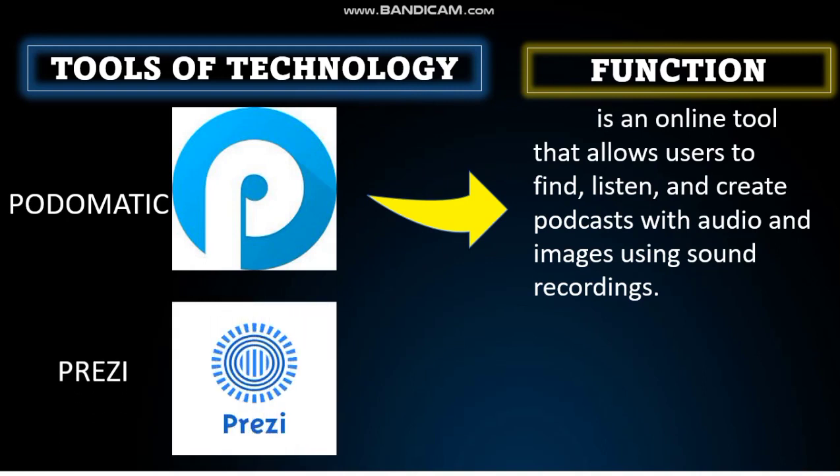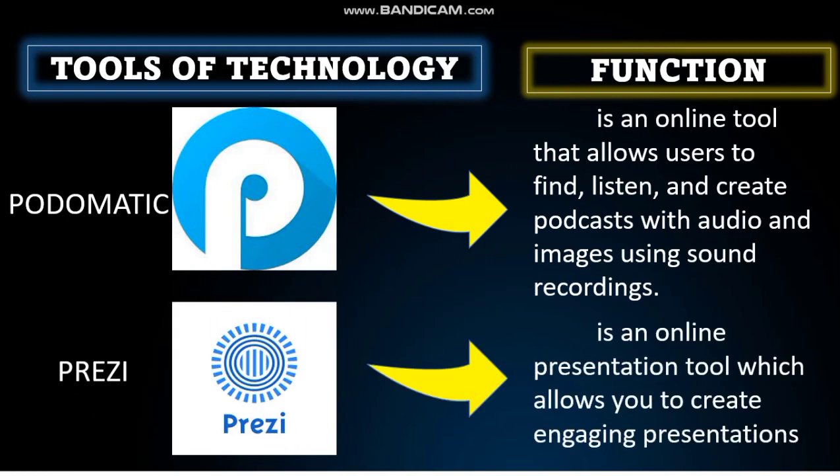Okay, next is Prezi. Prezi is an online presentation tool which allows you to create engaging presentations. So, again, it's similar to Emaze and Powtoon, no, in terms of the main function, which is to present slides, or to create presentations.